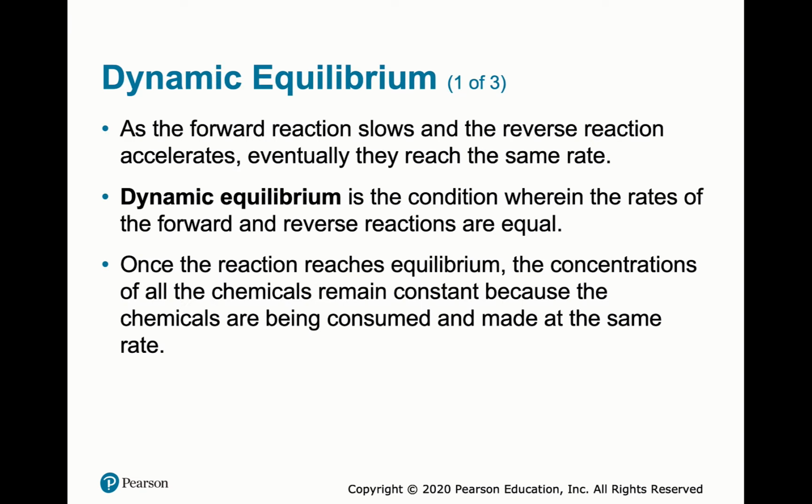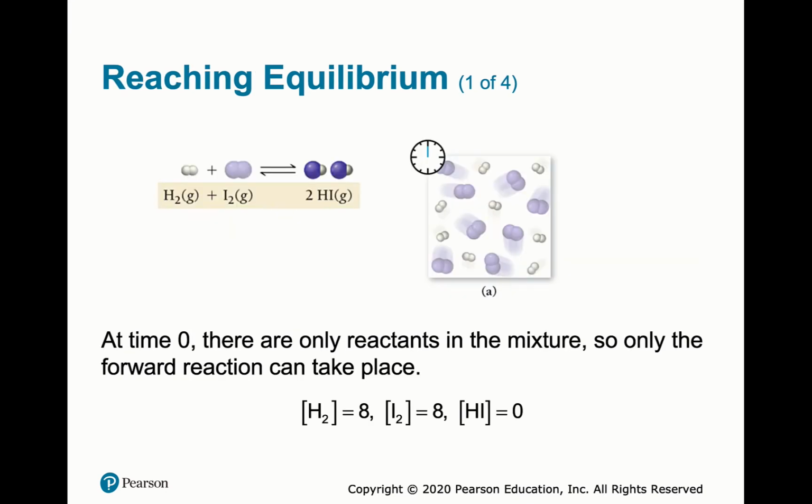The dynamic equilibrium is where the forward and backward reaction rates are equal. It looks like nothing is happening, but there's stuff happening. Things are being broken apart, things are being formed.